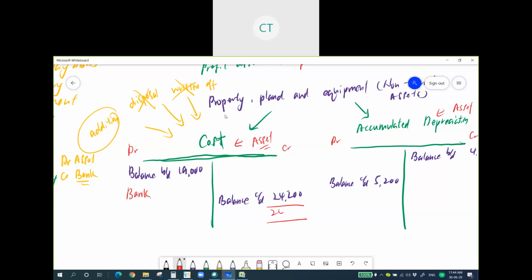The balancing amount is 5,200. So this 5,200, we are going to record in our investing activity.